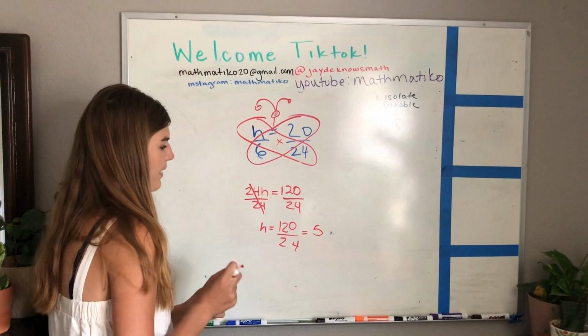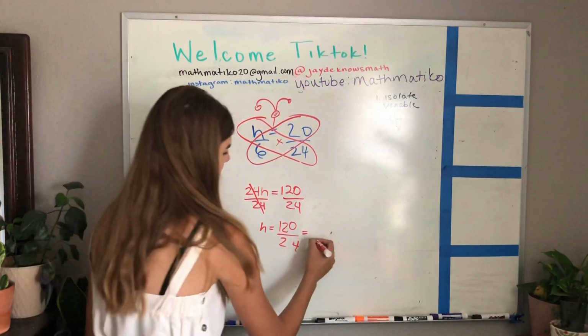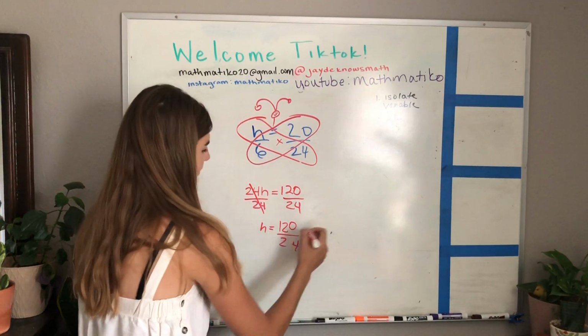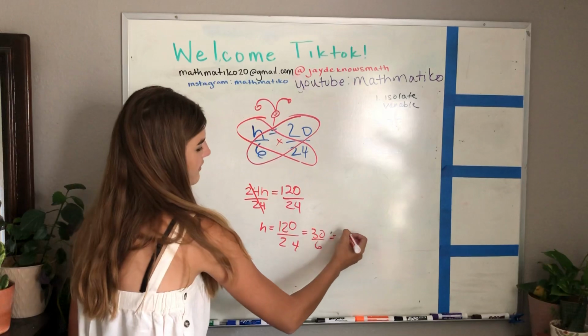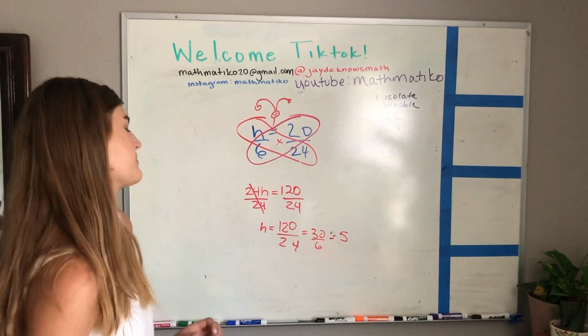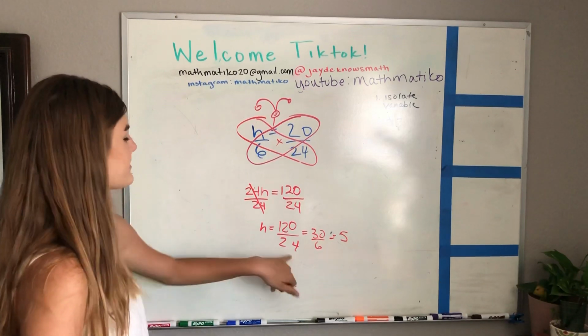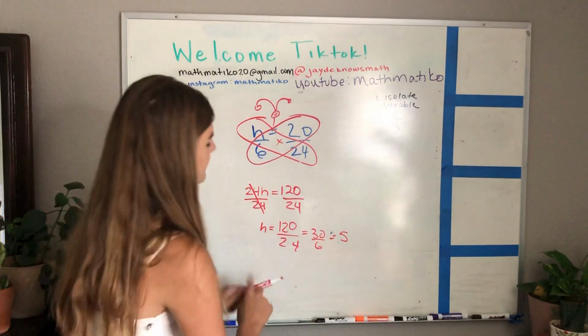Let's divide that by 4. I'm reducing this. So that's going to be 6. We can divide this by 4. That's 30. We can still reduce this down further. 30 divided by 6 is 5. That's how I got the 5 there. Sorry guys, I know I skipped a step in there. Basically, we got this fraction, we're reducing it down to just 5. So, h equals 5.